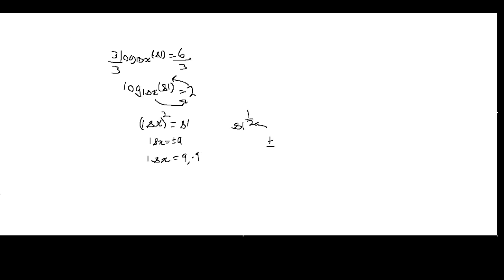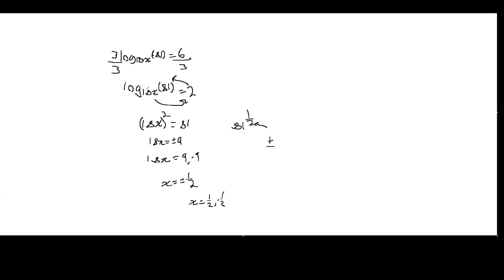So when you divide by 18 on both sides, you get x equals plus or minus 1 over 2. And now you might be thinking, great, we're done. This is our answer. Wrong. So once again, you've got x equals 1/2, negative 1/2, right?